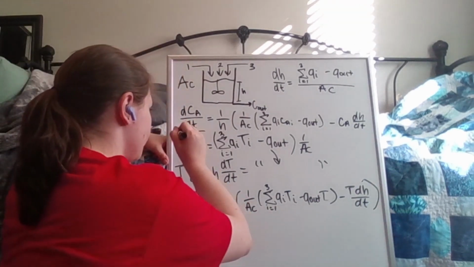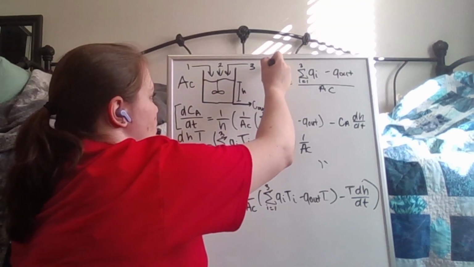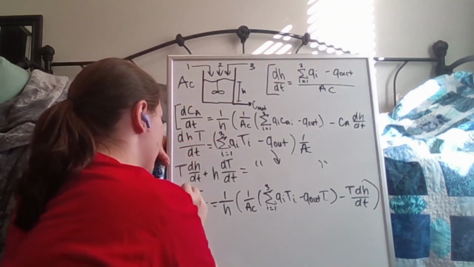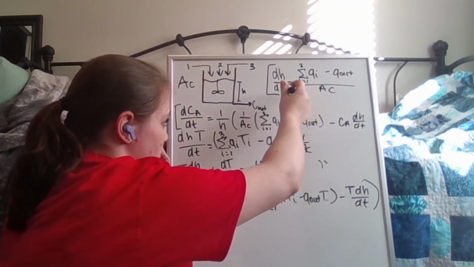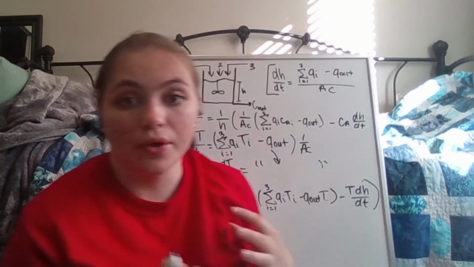We have this, which correlates to this, and then we also have this, which I'll put in as well. This is all we need for our code in Python.